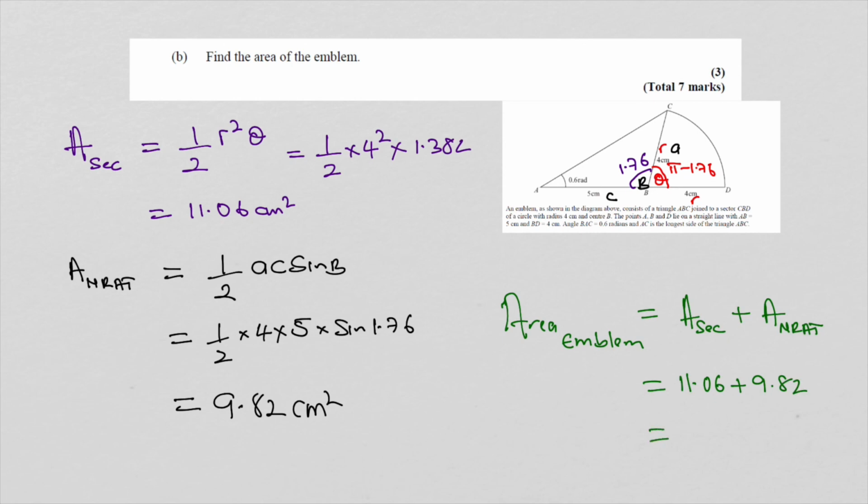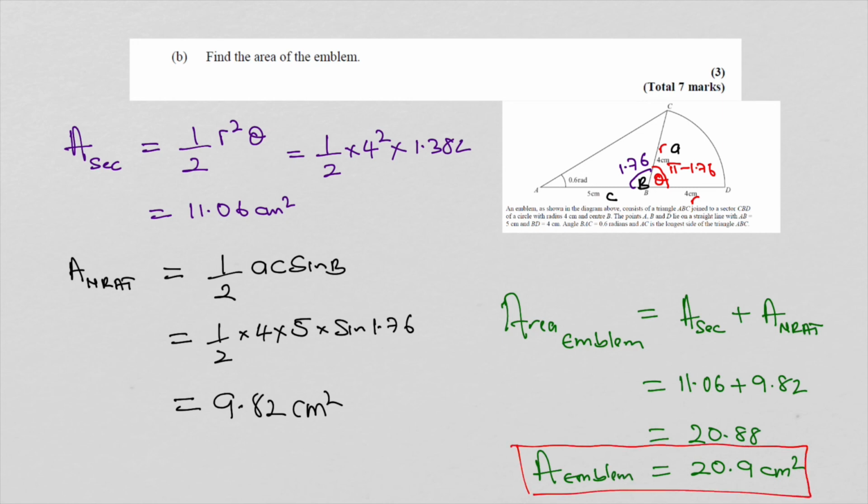We add them together. 9.82 plus 11.06 gives 20.88, and to three significant figures will be 20.9 centimeters squared, and that's the area of the emblem. That's the area we're looking for.